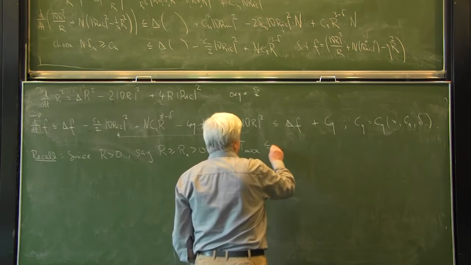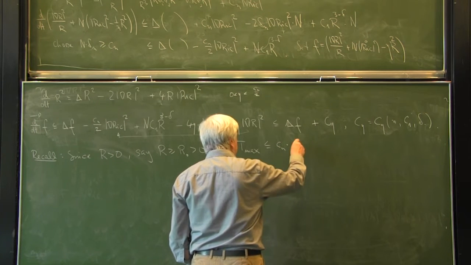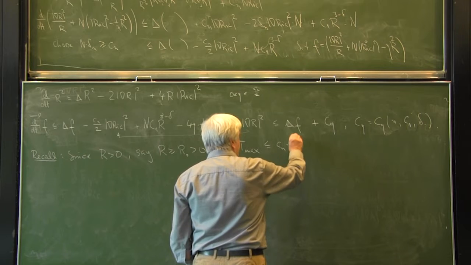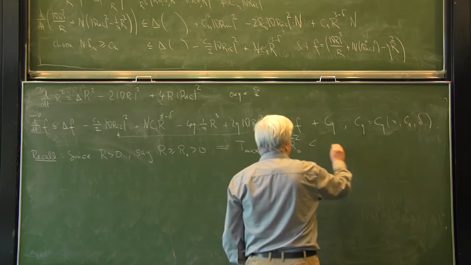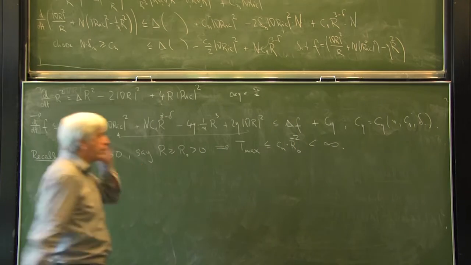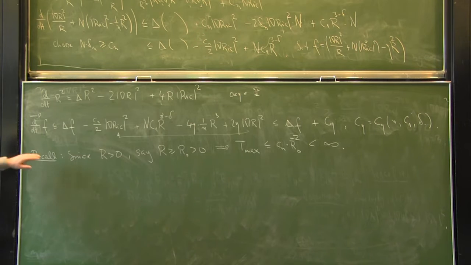So Tmax is less than some constant depending on n times R0 to the minus 2, which is certainly less than infinity. We've done that earlier by comparison with an ODE.